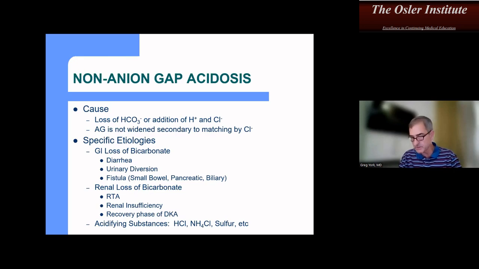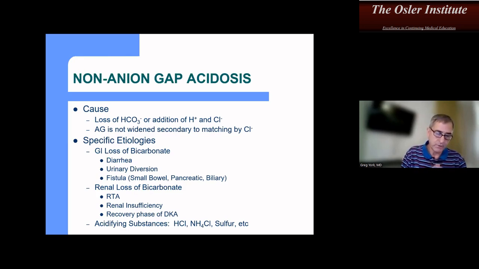It's going to do three things. It's going to make our pH normal with these buffer systems, and it's going to make us electrically neutral, so we don't run around with extra positive charges or extra negative charges in our bodies. And so that's the driver behind a non-anion gap acidosis: to be electrically neutral.